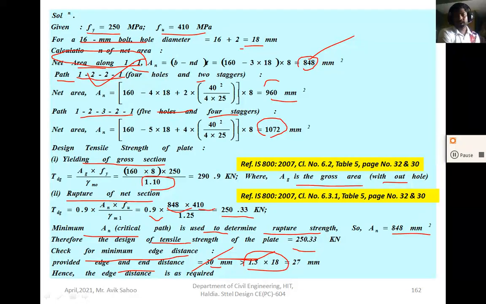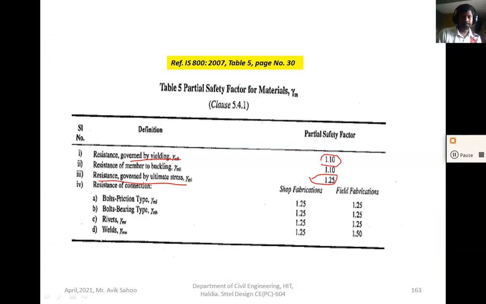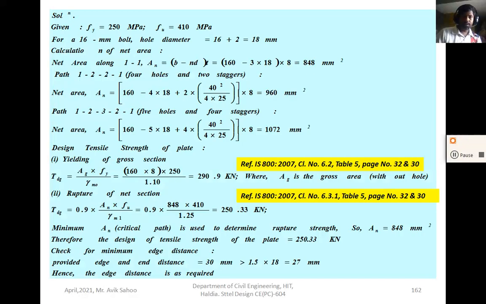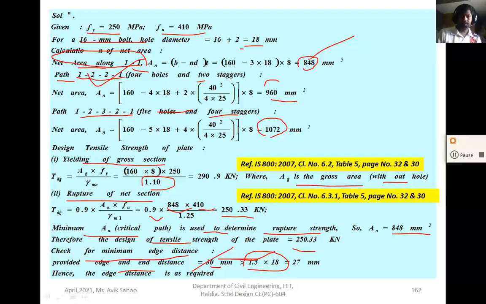So you see the lectures, the edge and end distance, the codal provisions given, which verify what distance are used, whether it follows the codal provisions or not, that you have to check. So as an engineer, you always follow the code. So hence the edge distance is as required. So hence the end distance is sufficient.